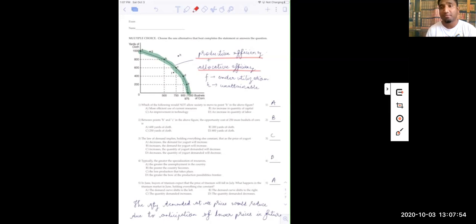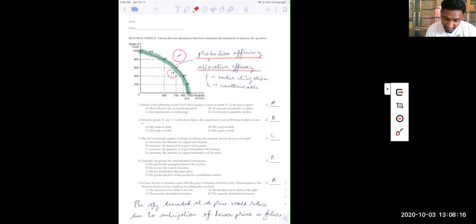For example, if we are able to increase our capital or labor, or if we are able to improve our technology. So point H is basically unattainable, but we can attain it if we are able to do one of these three things: increasing the quantity of capital, labor, or improvement in technology.